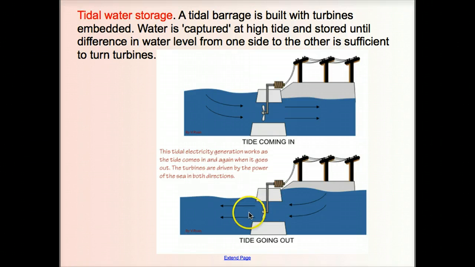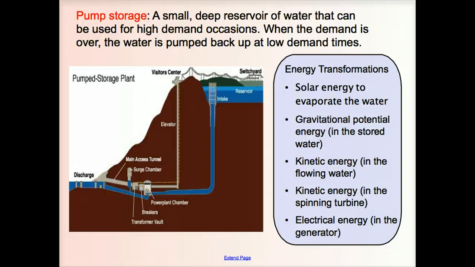So we can get electricity generated on an incoming and an outgoing tide. The way it tends to work is that the water is captured behind the barrage to generate a tidal head, and then the gates in the barrage are opened and allow the water to flow through at a relatively fast rate.